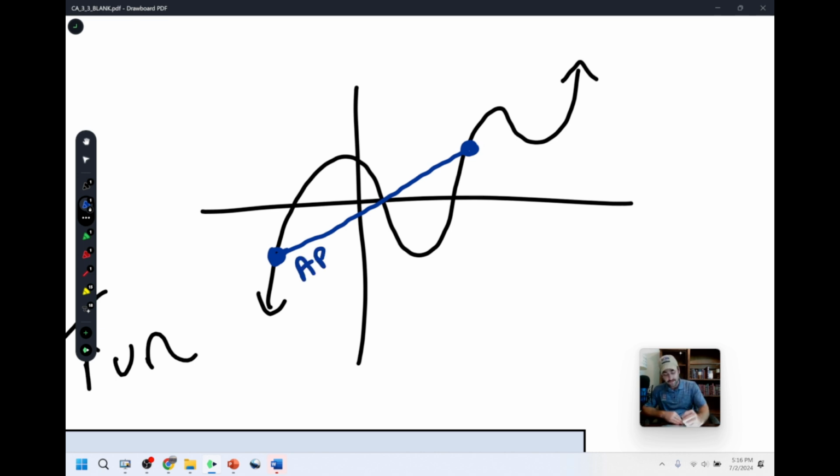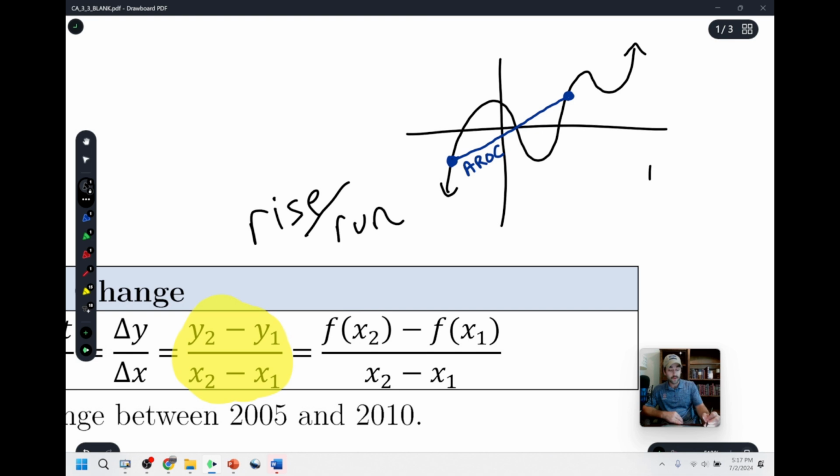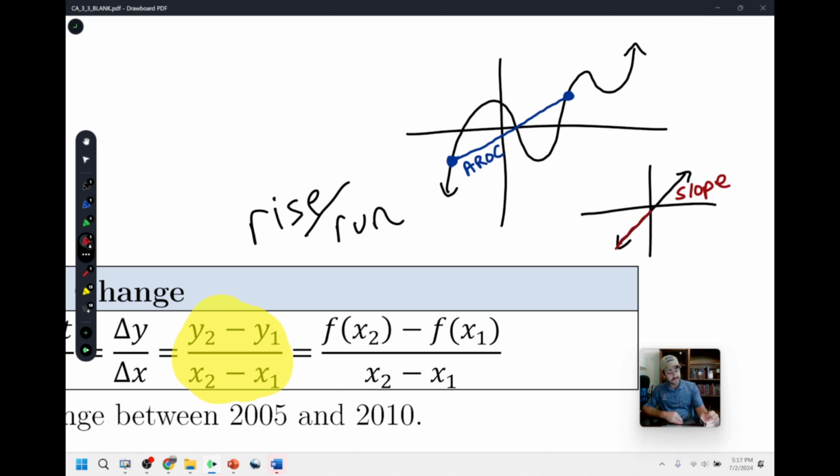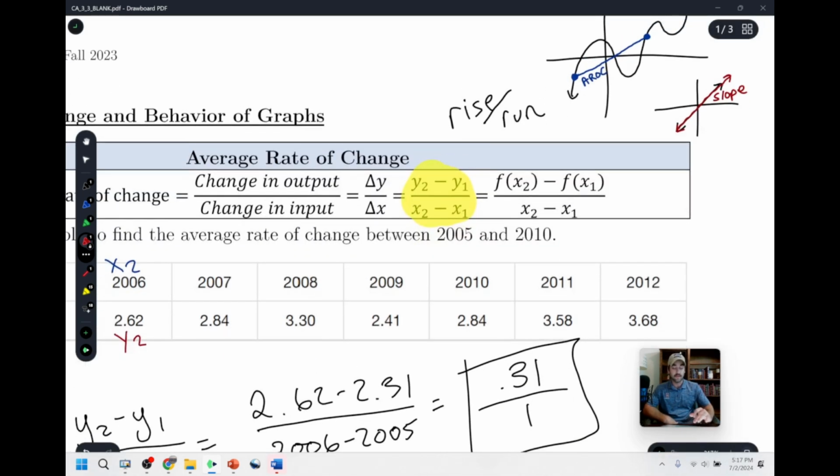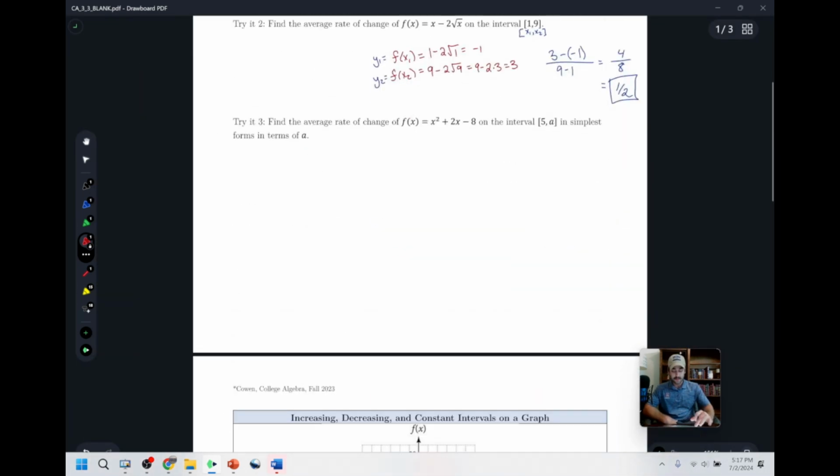So that is the average rate of change represented by the blue line. And on a linear function, that will be the slope for the whole line. That is the case where we would call it the slope. We would call it the slope if it was always exactly the same. We call it the average rate of change because it could be on a non-linear function, and we're still able to find it. All right, let's keep rolling.